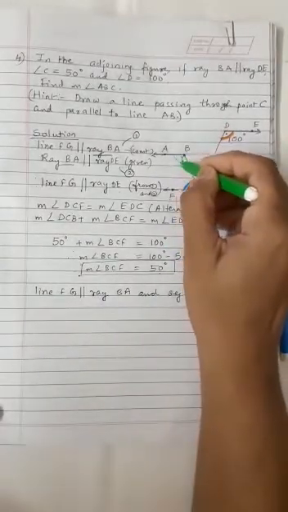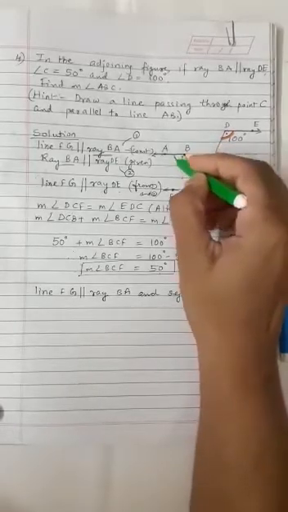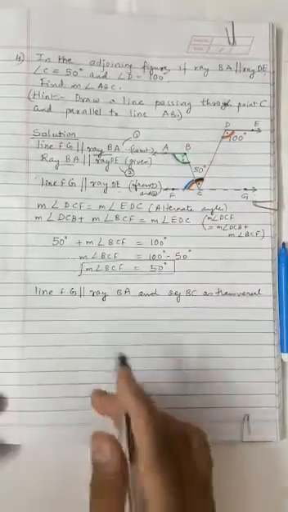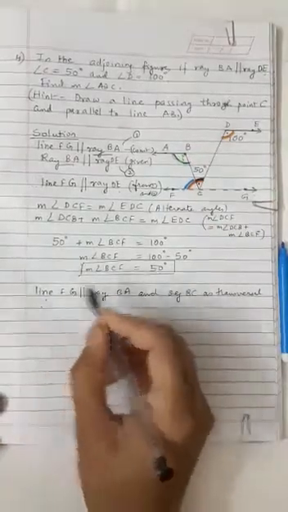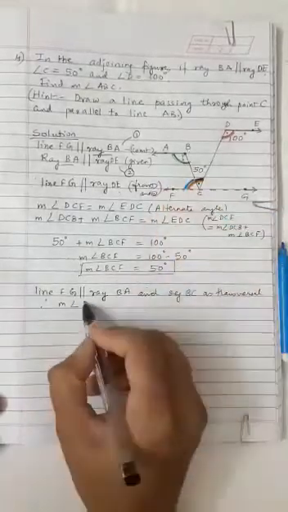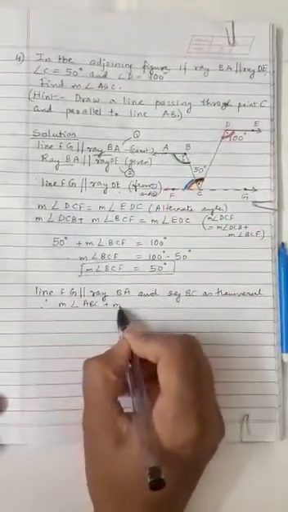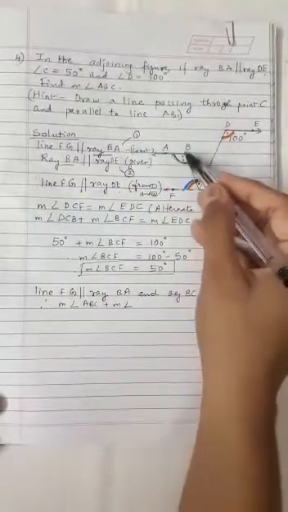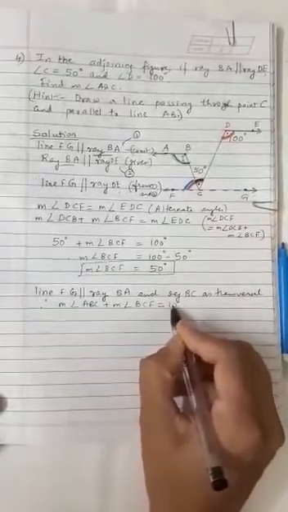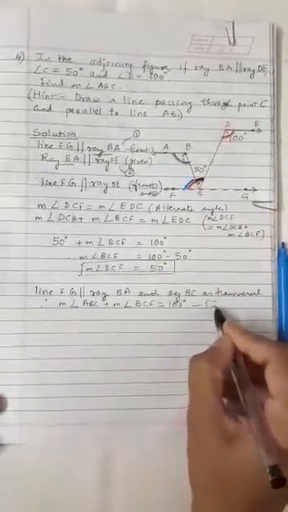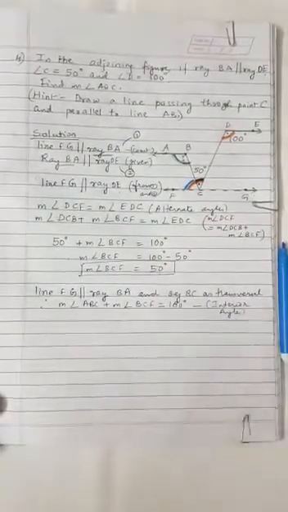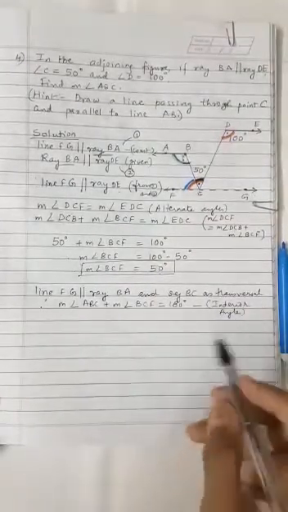Children, this is the green angle, and this green angle is the angle that we have to find. Therefore, the green angle, measure angle ABC, plus the blue angle BCF is equal to 180 degrees. 180 degrees means what type of angles they are? They are interior angles.